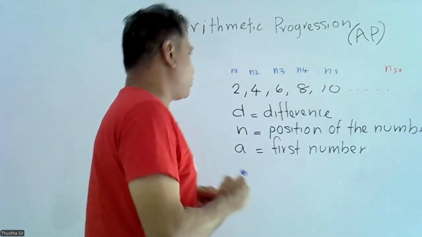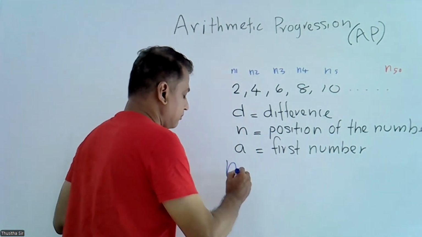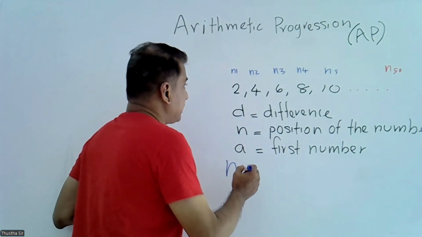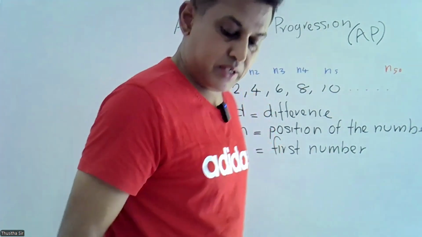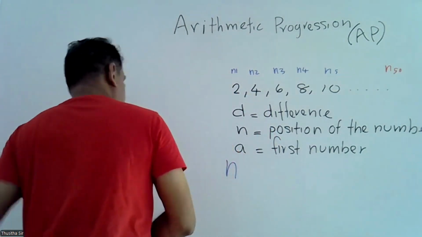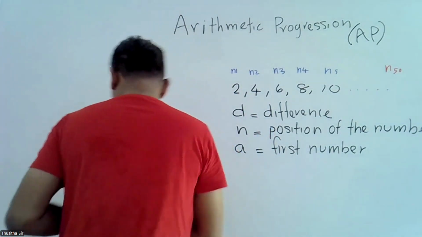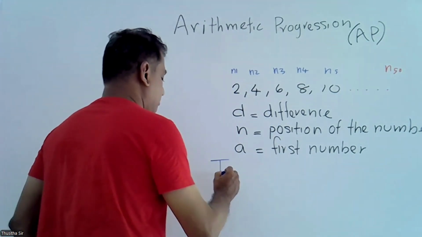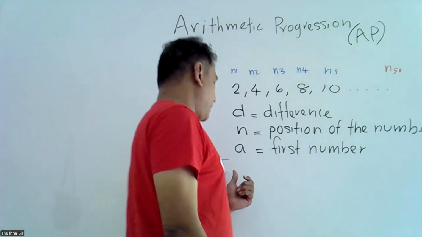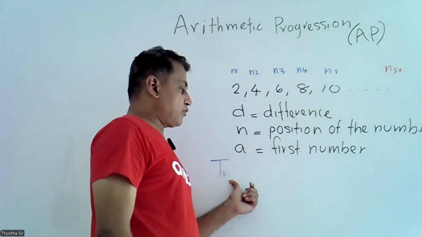Let's say we want to find any position, so I will take another letter, capital T, simple n. That shows the position that we want to calculate.